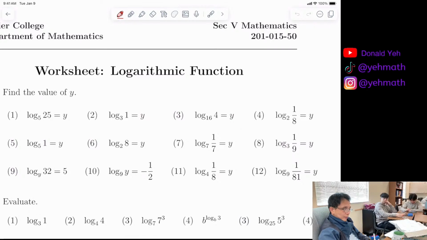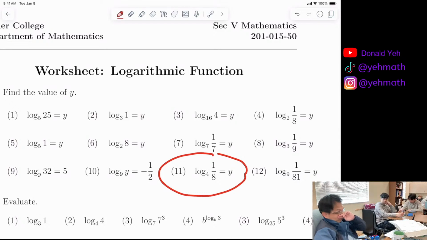Can you figure out how to do number 11? This worksheet is going to be your homework. They say find the value of y.